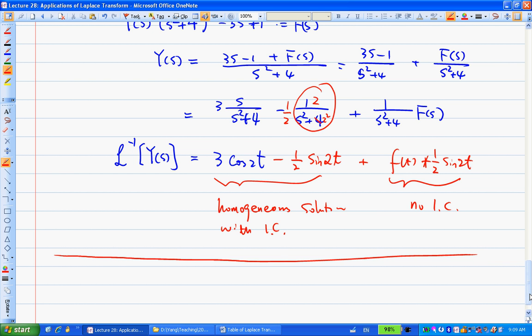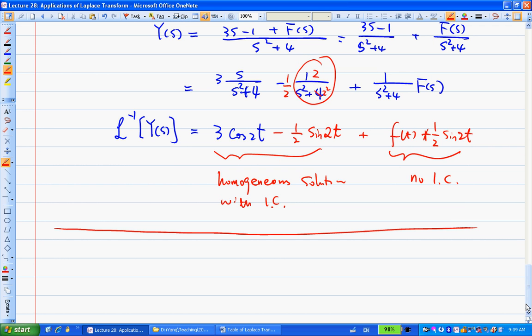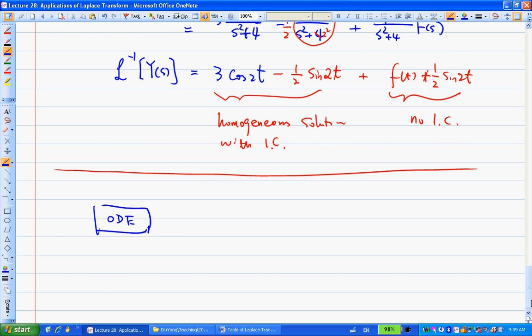Now I'll give you a diagram as to what's the general approach of solving with Laplace transform. The diagram starts with your ordinary differential equation. This is everything in time domain, right? And then we take Laplace transform.